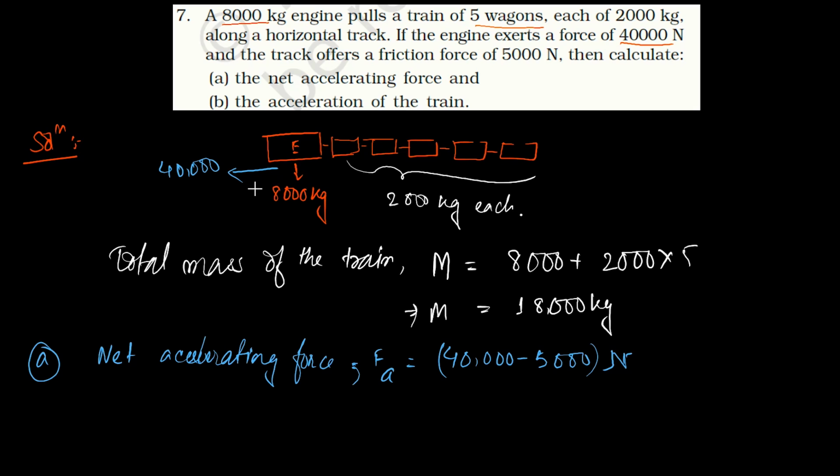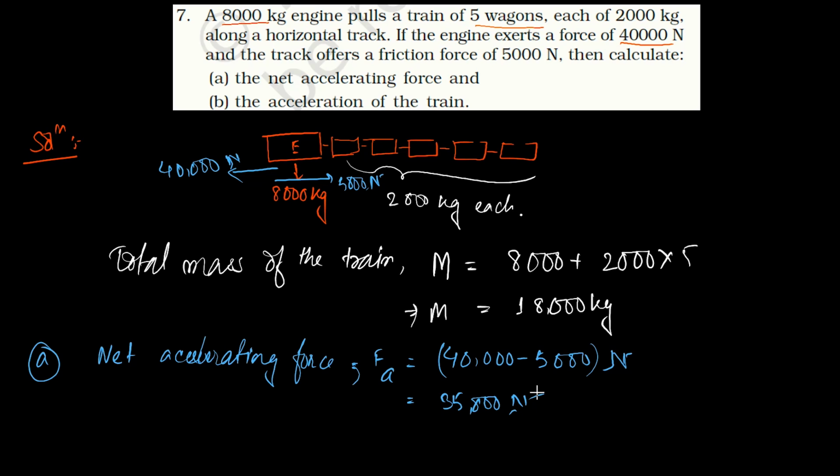That backward force is the frictional force, and in this direction it is 5,000 Newton. So the total force acting will be, after subtracting, 35,000 Newton. Clear? This is the main thing.